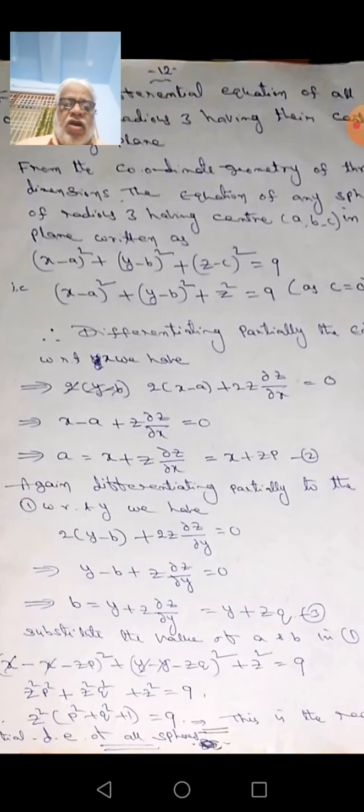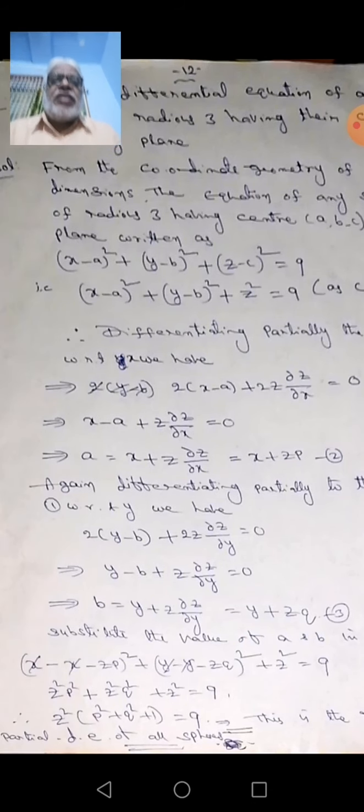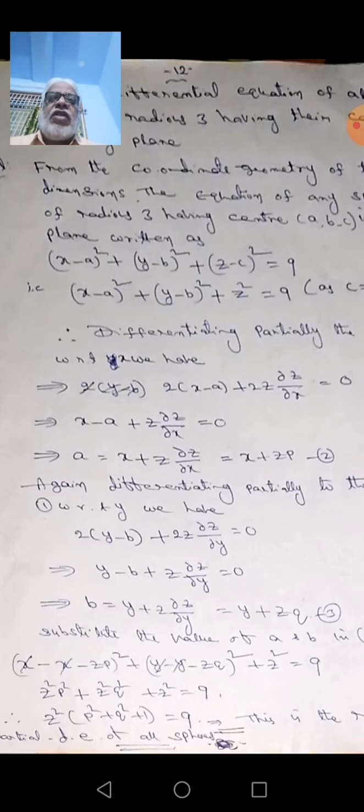the partial differential equation of all spheres with radius 3 having their centers on the xy plane. The required equation is z square (p square plus q square plus 1) is equal to 9.